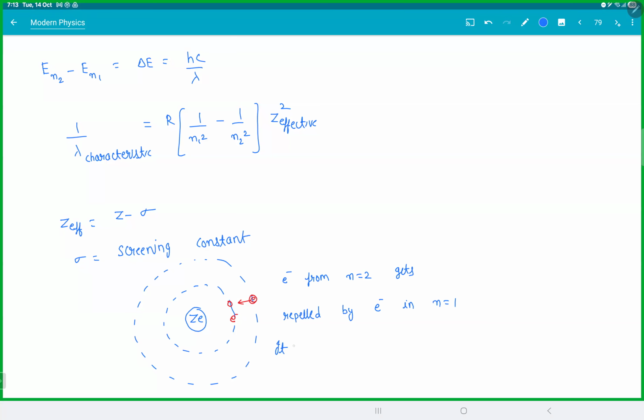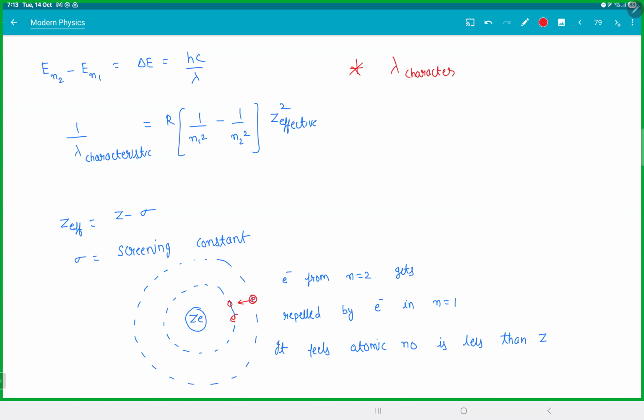So it feels Z has decreased. So here, if you observe a few things, lambda characteristic is independent of the voltage of the source. Obviously, it depends on the electronic transition.